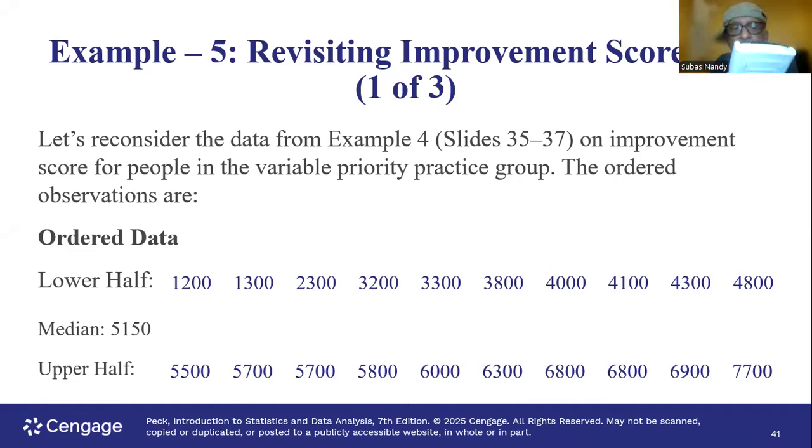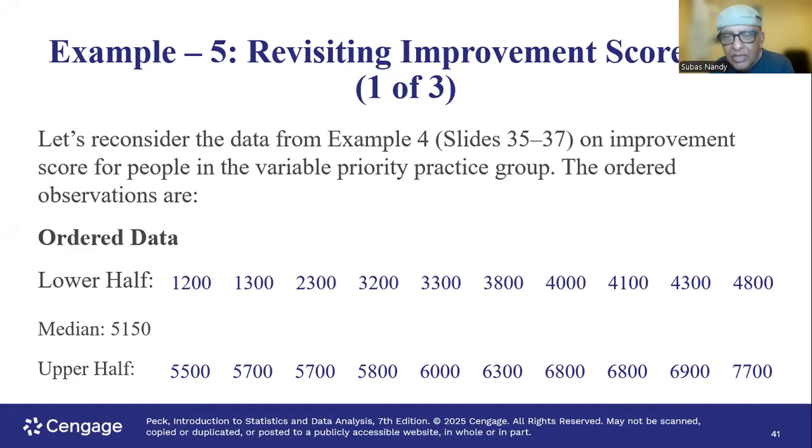I put my cursor, it's usually set on the first line in L1, where I will type 1200 and hit enter. Then 1300, enter. Then 2300, enter. Then 3200, enter.